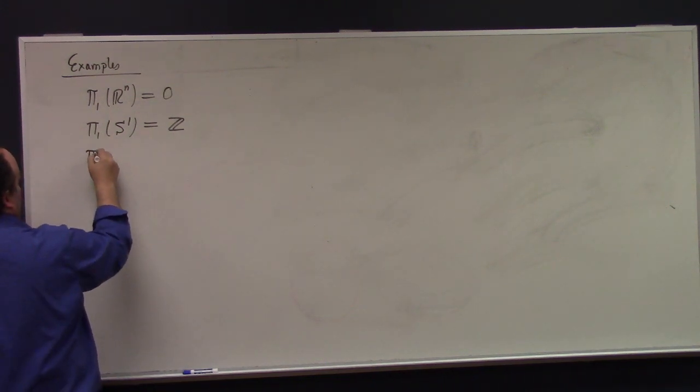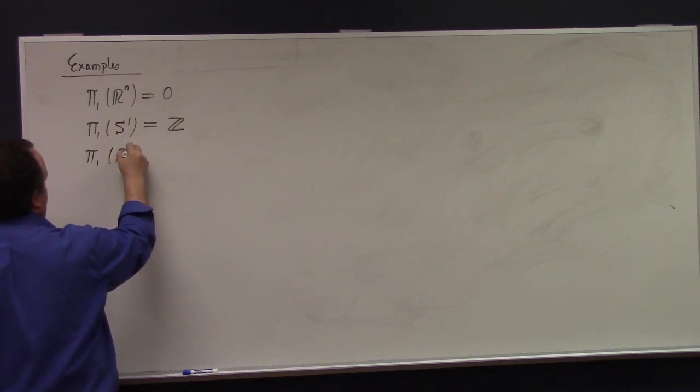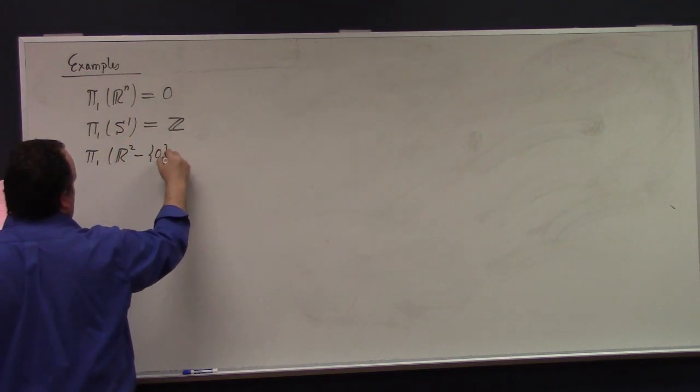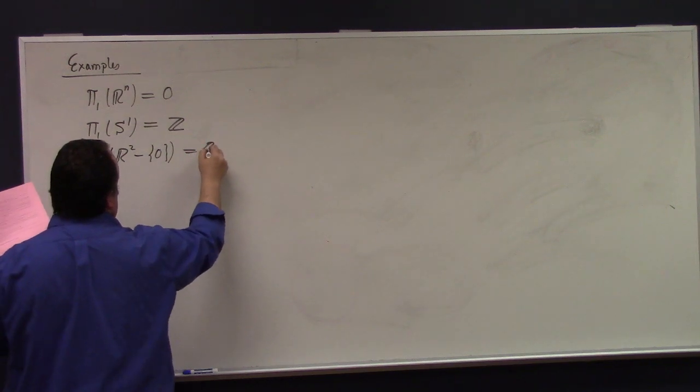Oh, so I think we've kind of run into that already, right? If we remove the origin from R2, we also get Z, right?